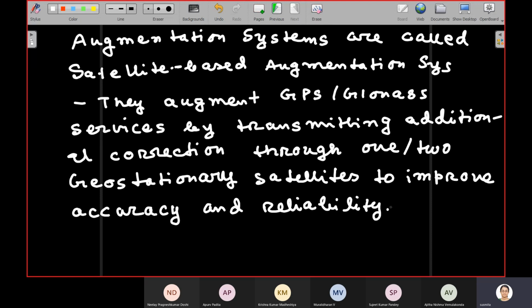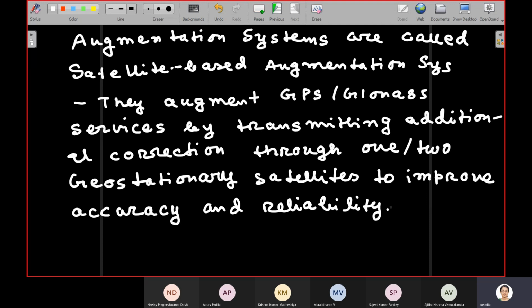Now, since these corrections are transmitted using geostationary satellites, and a geostationary satellite has a fixed coverage area, a satellite-based augmentation system has a particular service volume in which only the user can receive corrections from these geostationary satellites.